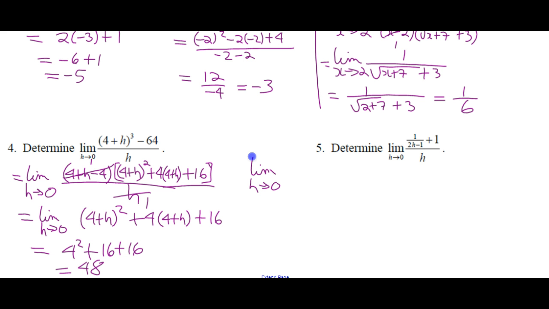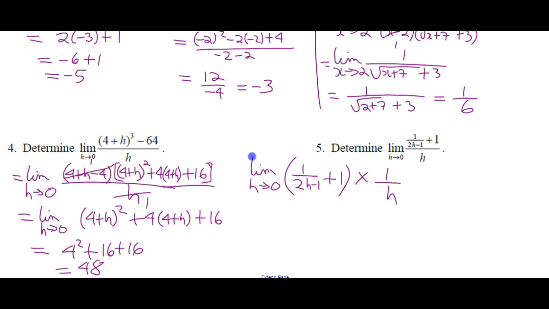I think it's easier if we just split this out and write it as 1 over 2h minus 1 plus 1, times 1 over h. Right? So instead of dividing by h, let's multiply by 1 over h, right? Okay. So actually let's put brackets around that, right?